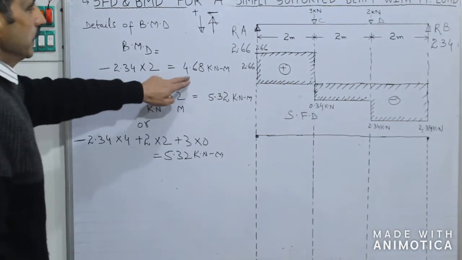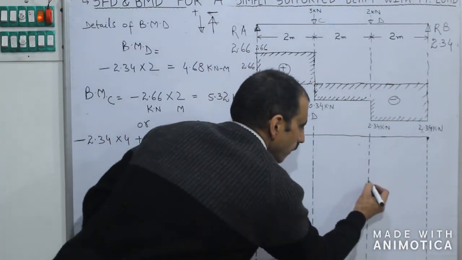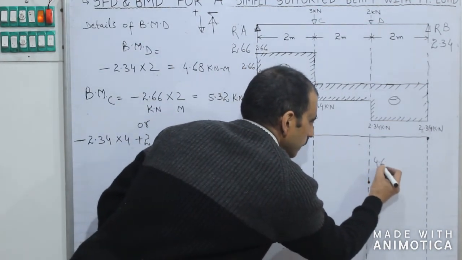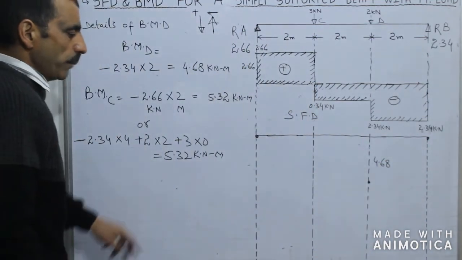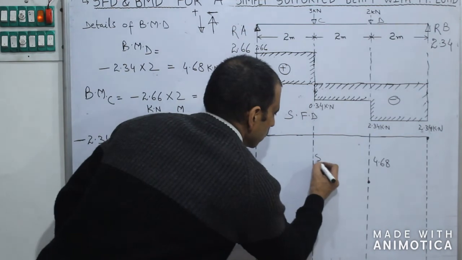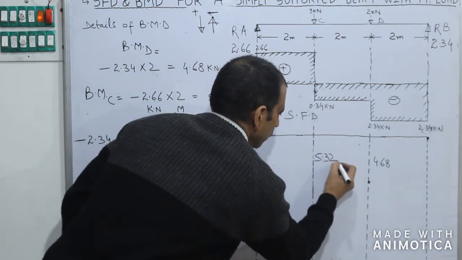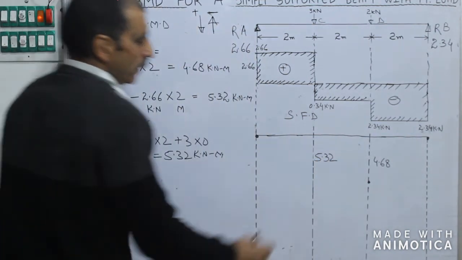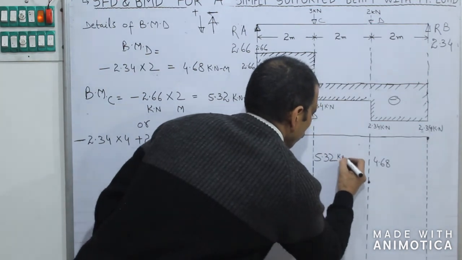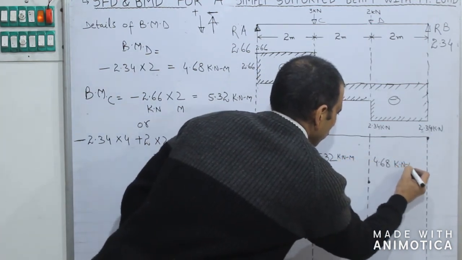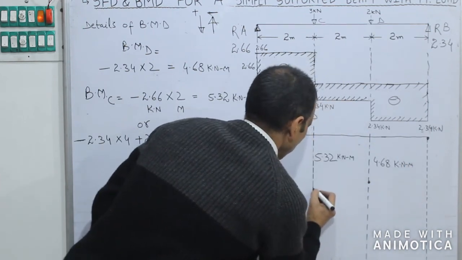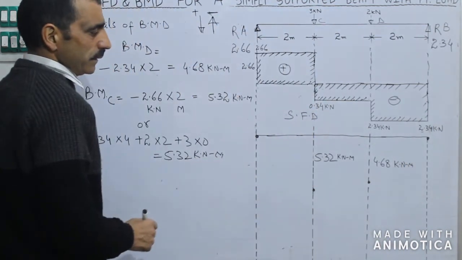Bending moment at D is 4.68 and bending moment at C is 5.32, in kilonewton meter, approximately here.